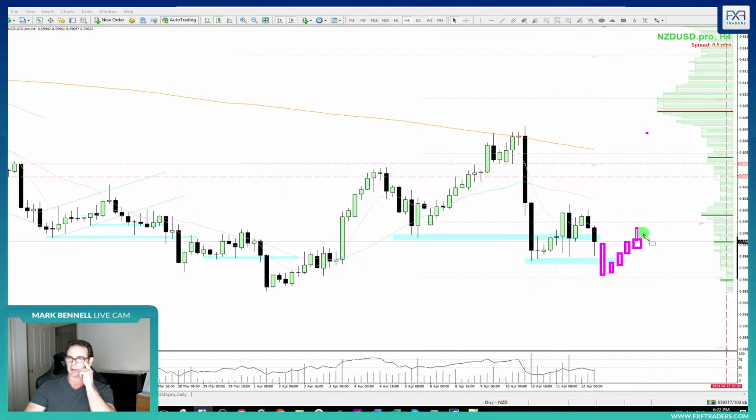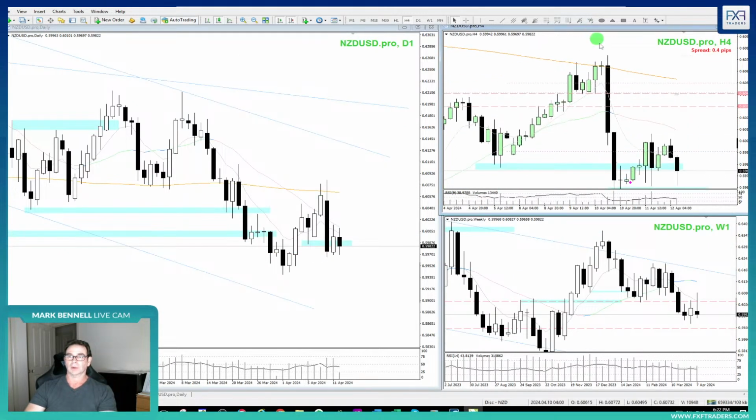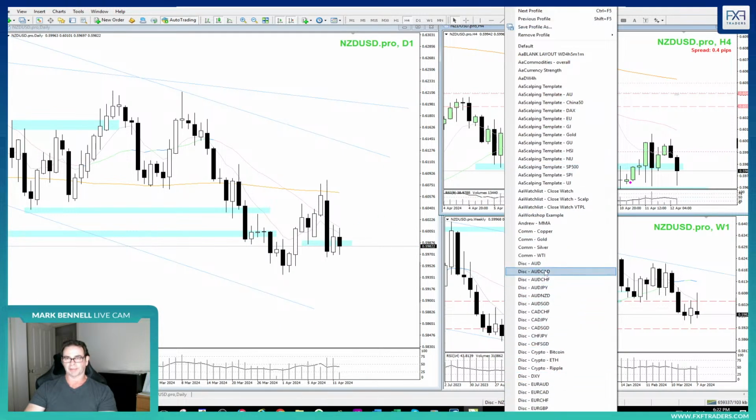Shooting star there, 20 period, entering there. And entering on the breakout pullback.